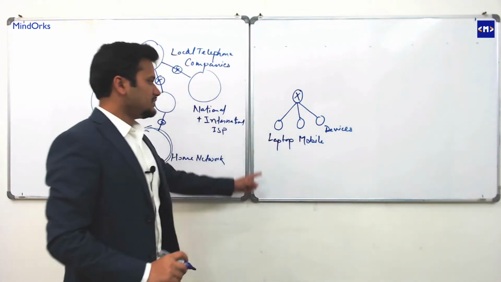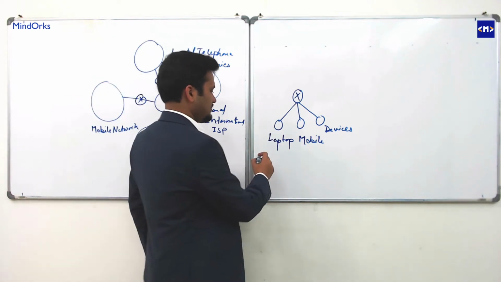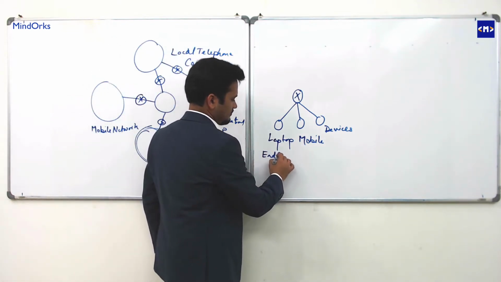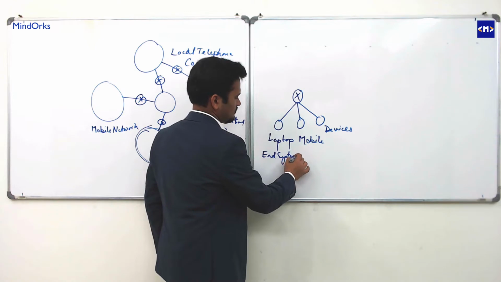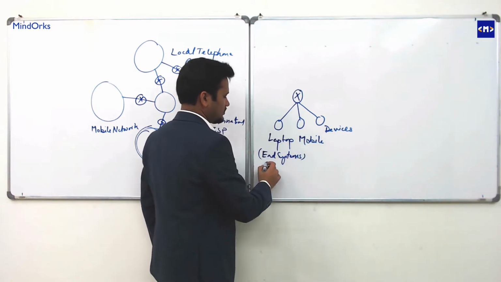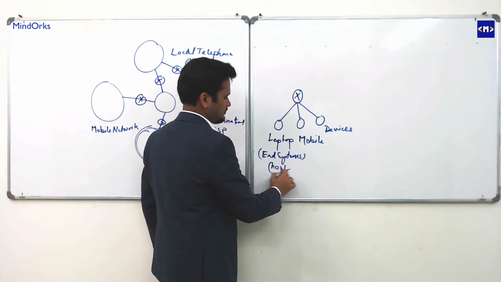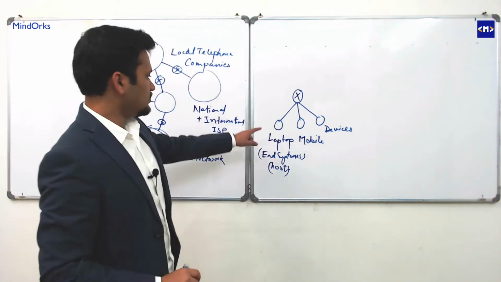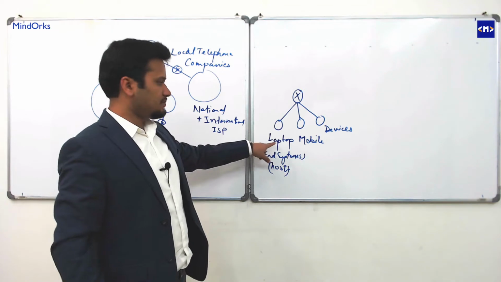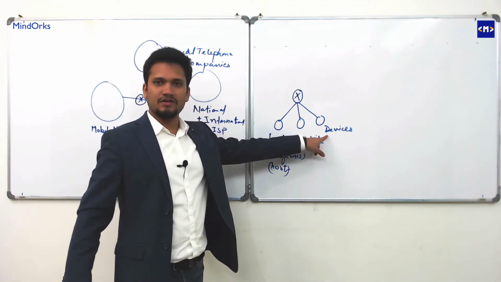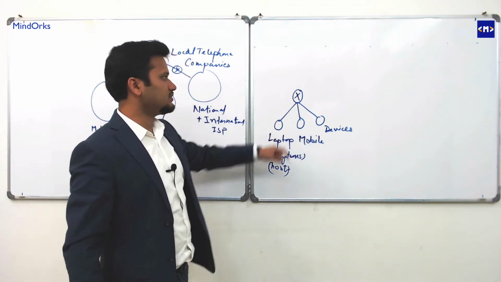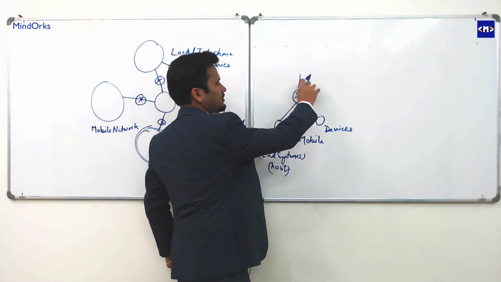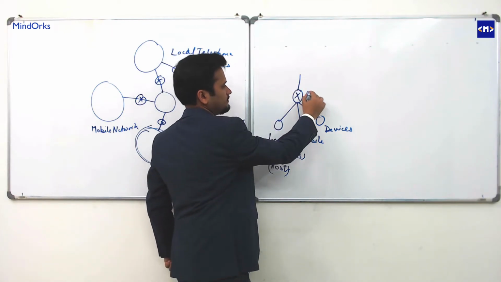These are called end systems, also called hosts. So your laptop, your mobile and your other devices are connected to the internet, the outer world, using a router.